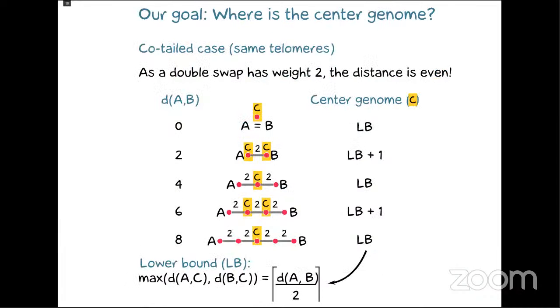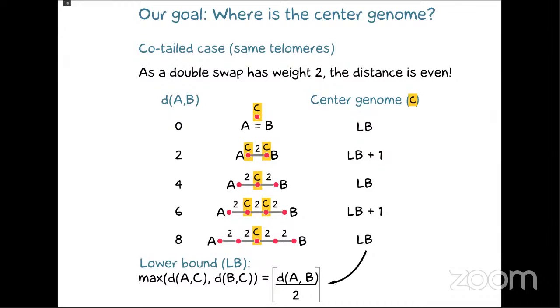So what happens in the cotailed case? Well, your distance has to be even because you can only use double swaps. Double swaps have weight 2, so the distance is even. So you can think about distance 0, 2, 4, 6, 8, etc. And you see that in each case, you have a number of intermediate genomes. All intermediate genomes have to be at distance 2 from the neighbors in the path.